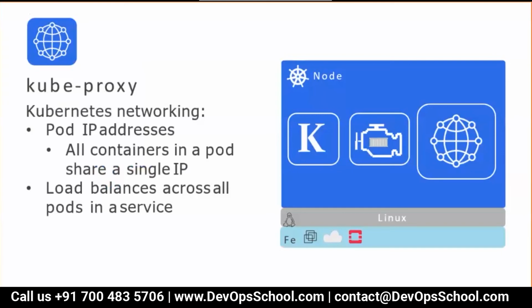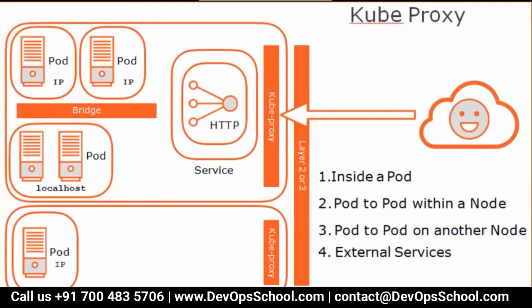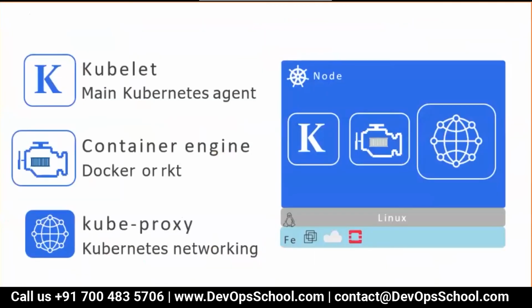Guys, these are the three components together we use: kubelet, which is the main Kubernetes agent, the container engine, which can be Docker or Rocket or anything else, and kube-proxy, which is the Kubernetes networking. All these components you have in each worker node of the cluster, and this is how we interact.